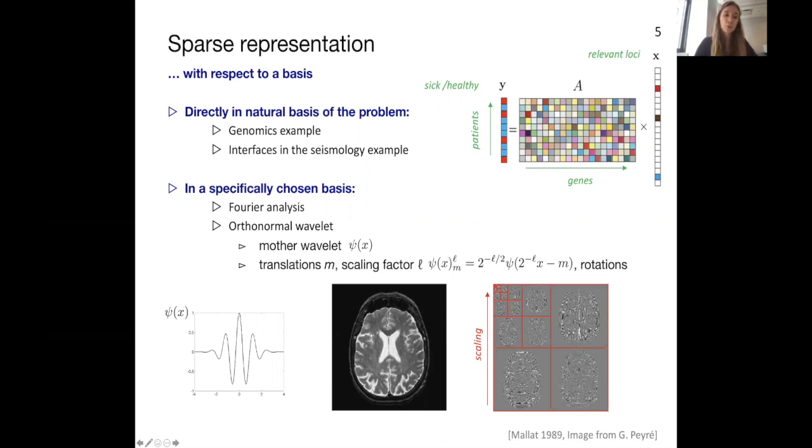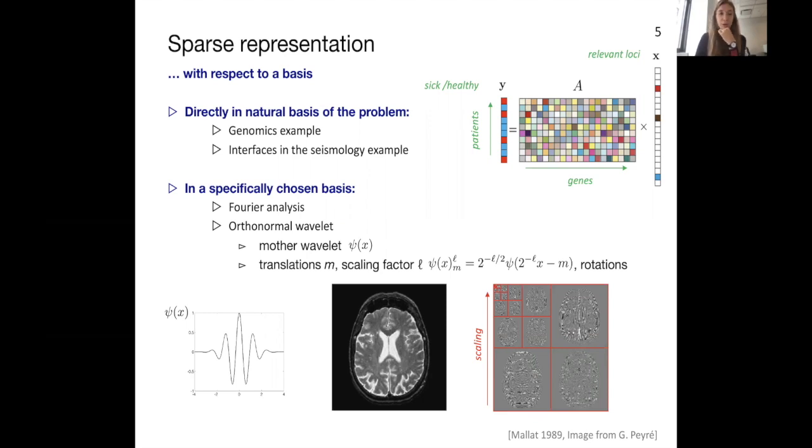And then if you decompose, for example, this brain image among these bases of orthonormal wavelets, you get something like this, where you have different pictures that correspond to different scalings and rotations, and among the pictures the different possible translations. And what you can see is that those decompositions are mostly gray, meaning that they are mostly zero. And that's indeed the representation of an image in the wavelet basis is sparse.